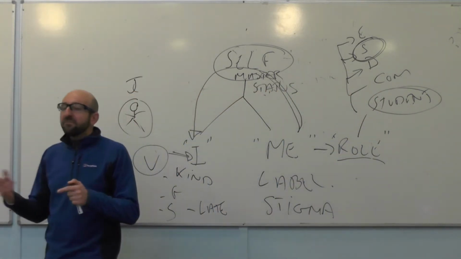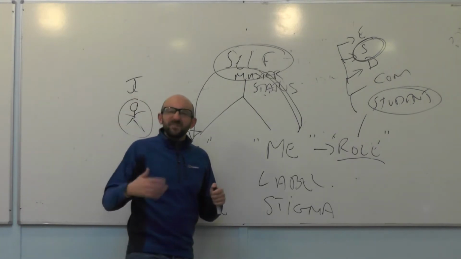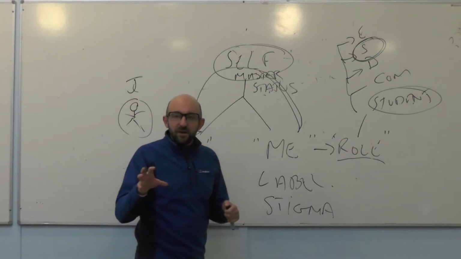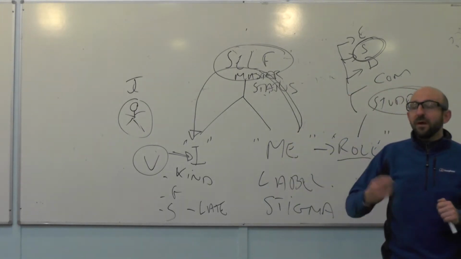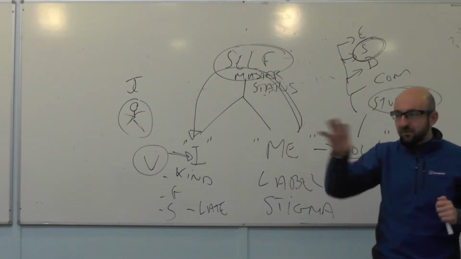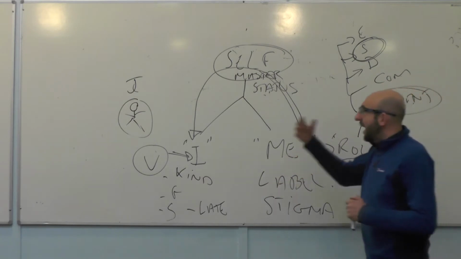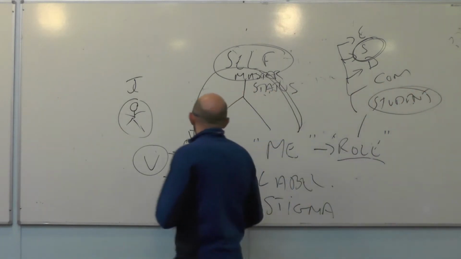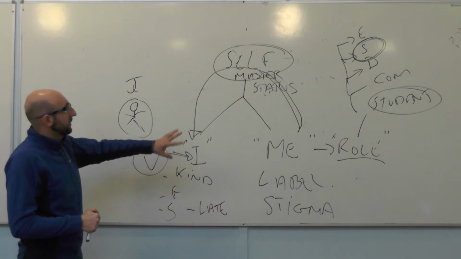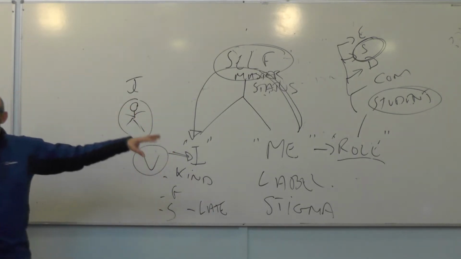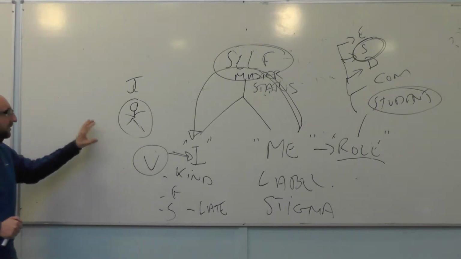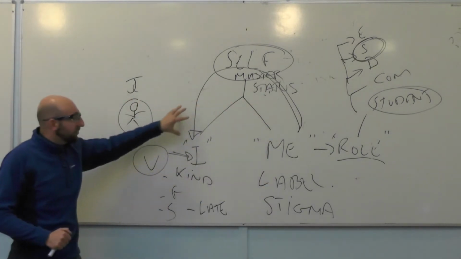Okay? So even if Johnny isn't really doing anything particularly naughty, because they're watching him, they're going to be more aware of what he's doing. So if he does sort of step out of line, they're going to basically say that he's naughty. Yeah? So what happens is that over a period of time, the primary definers begin to see Johnny as a delinquent. Not only do they see Johnny as a delinquent, but Johnny eventually takes on the label.